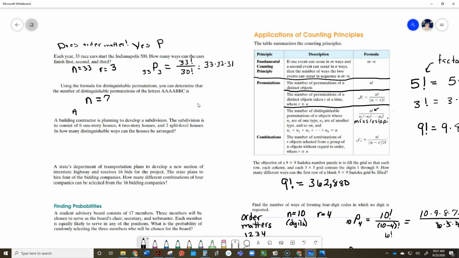And then I'm going to count the repeats. 1, 2, 3, 4. I have 4 A's, and then I have 2 B's. So those are all of my repeats. So the final answer can be calculated by doing 7 factorial divided by 4 factorial divided by 2 factorial. And then run to the calculator and calculate that.